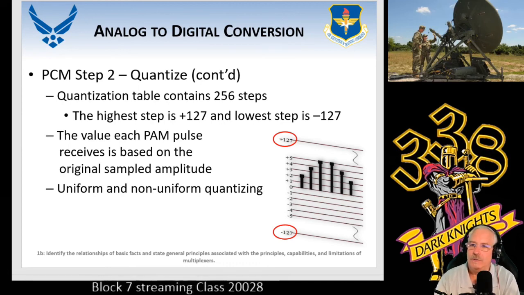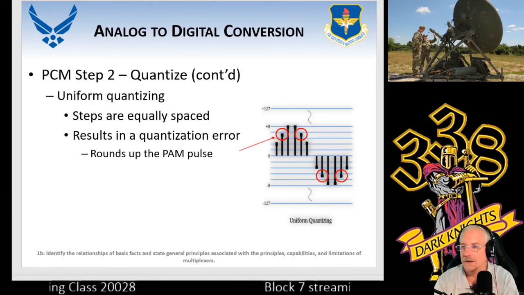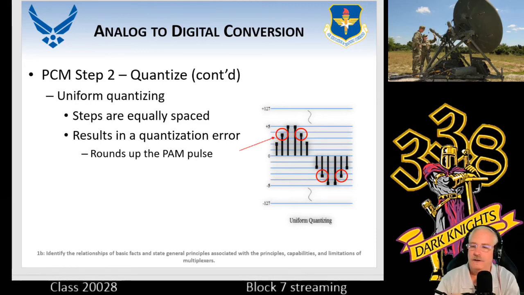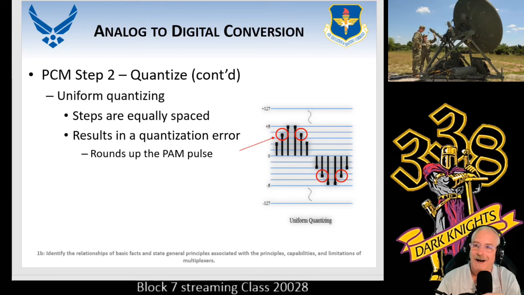What we're going to do with each one of those pulses is put them on that graph paper and assign a number to it. There are 2 different types of tables we talk about: uniform and non-uniform. And there's a reason. With uniform quantizing, because each one of them is equally spaced, one of those pulses may fall in between the lines, and that's a problem. This is what we call a quantization error.